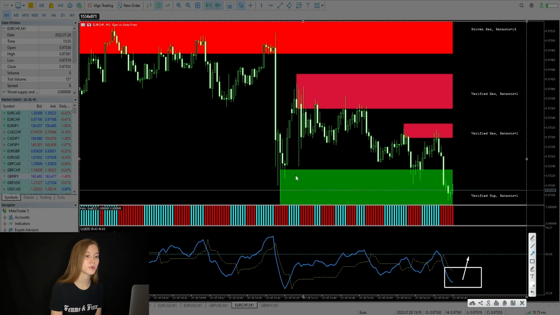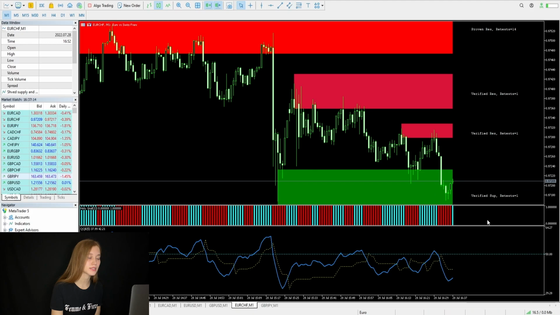We also have a support zone. Here they worked out earlier. There was a breakout and a minimum point formed. The movement should correct in a positive direction. Most likely we played on rollbacks and opened a deal.